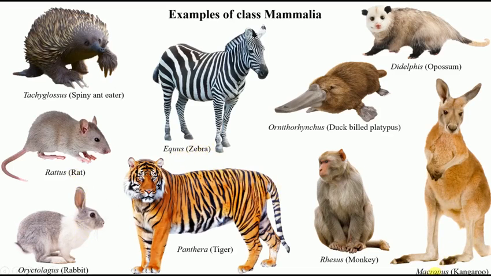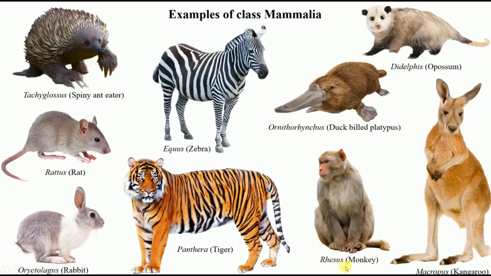Then you can see Macropus, commonly known as the kangaroo, which is native to Australia. These are also examples of mammals. These are marsupial mammals. The kangaroo has a marsupium, a special pouch in which the babies are lodged, located exactly in the abdominal region, which is a very special feature of kangaroos.